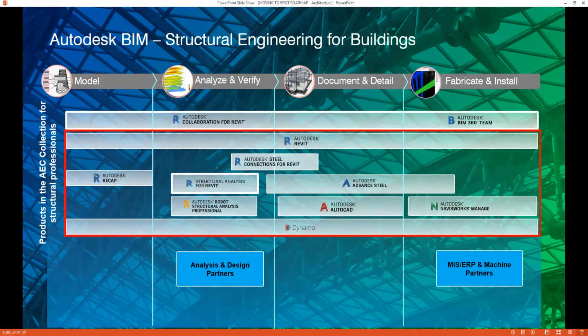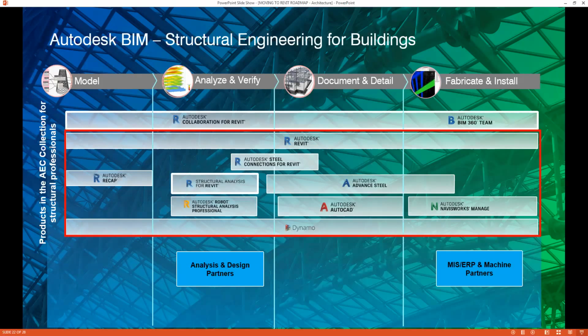And to create such complicated models, Dynamo makes it very easy for the structural engineer. So you can see it's included in their modeling stage. Then you move to the analyze and verify stage, which is where they analyze the structure and test it for performance.